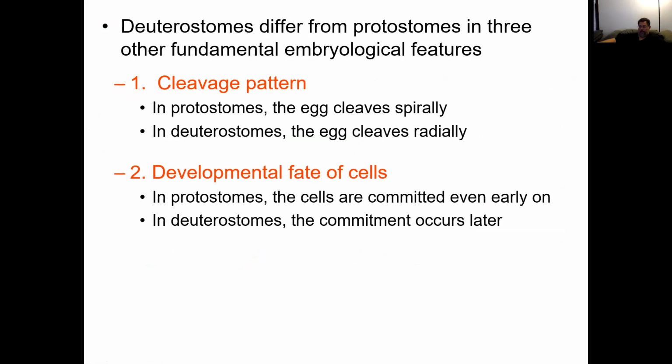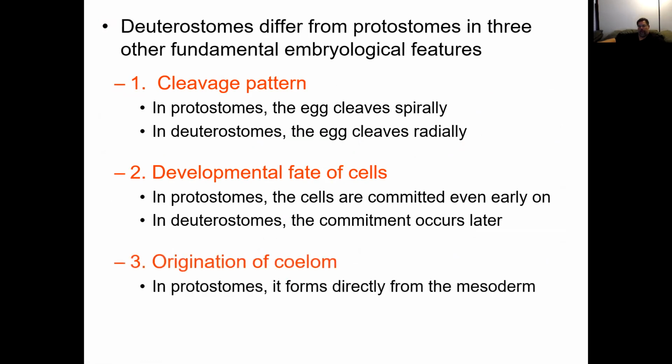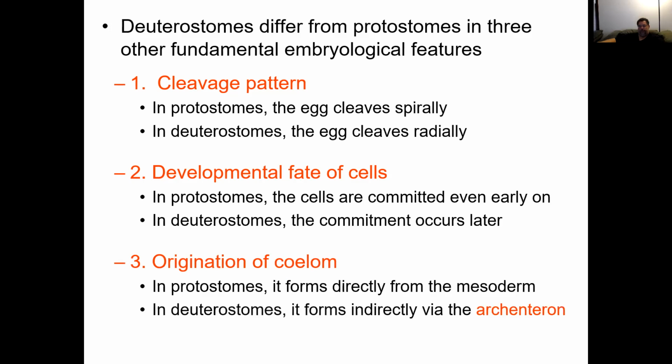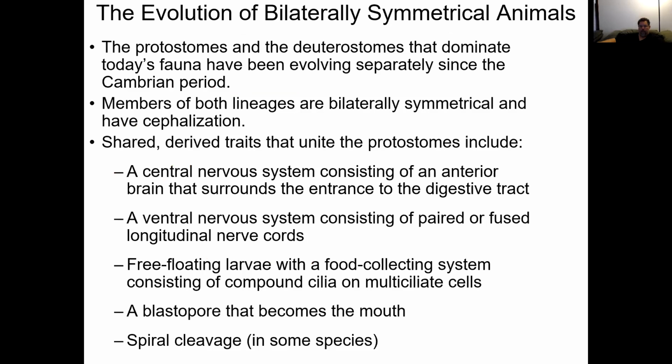Protostomes are eggs that cleave spirally. Deuterostomes do it radially. And as you know, the blastopore becomes the anus in the deuterostome and the mouth in the protostome. This just tells you what I had mentioned already.